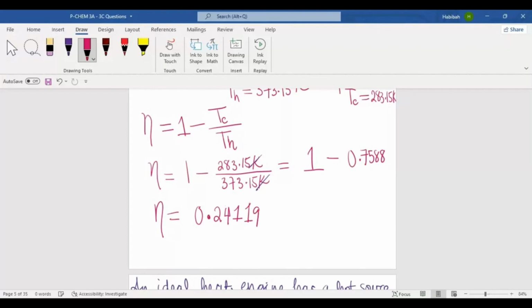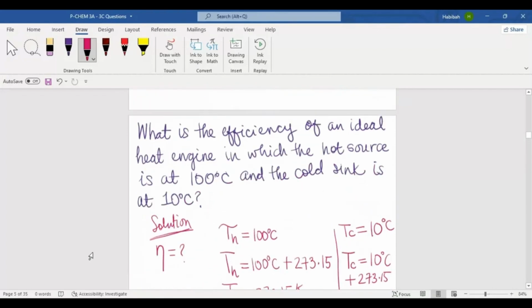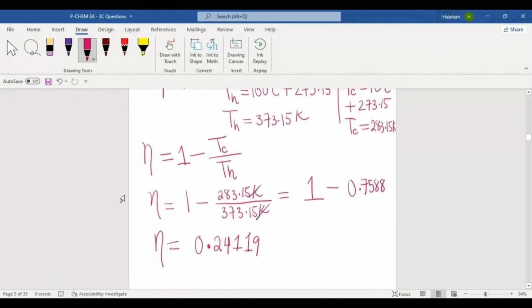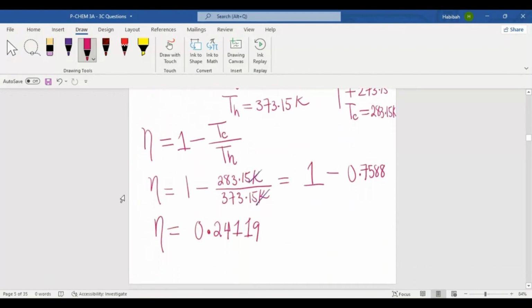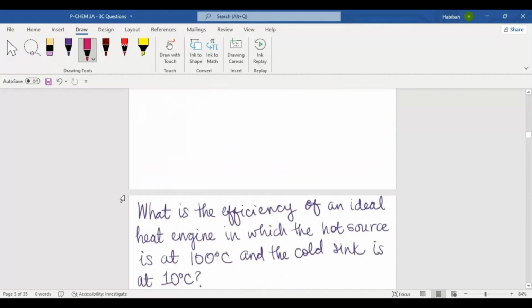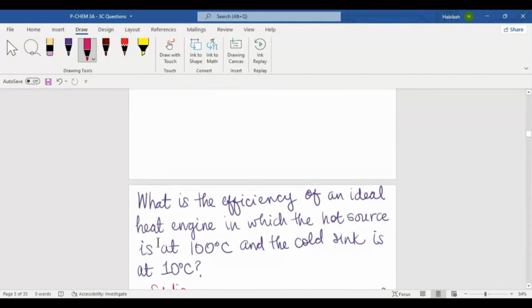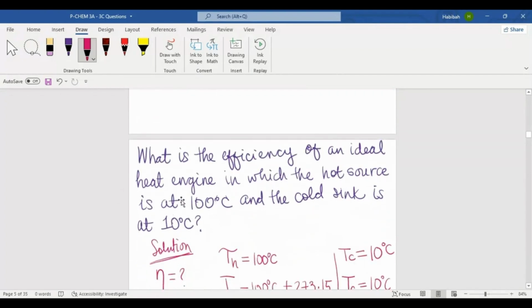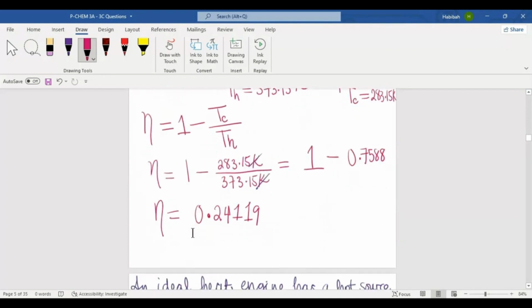Now, remember that in our question, we were given 10 degrees and 100 degrees, and you may be wondering what is the correct number of sig figs that we're supposed to use. Well, normally you're supposed to go with the lowest number of sig figs. So that would just mean whatever 10 degrees Celsius sig fig is, which is 2 sig figs. So we're just going to say the efficiency is actually 0.24.